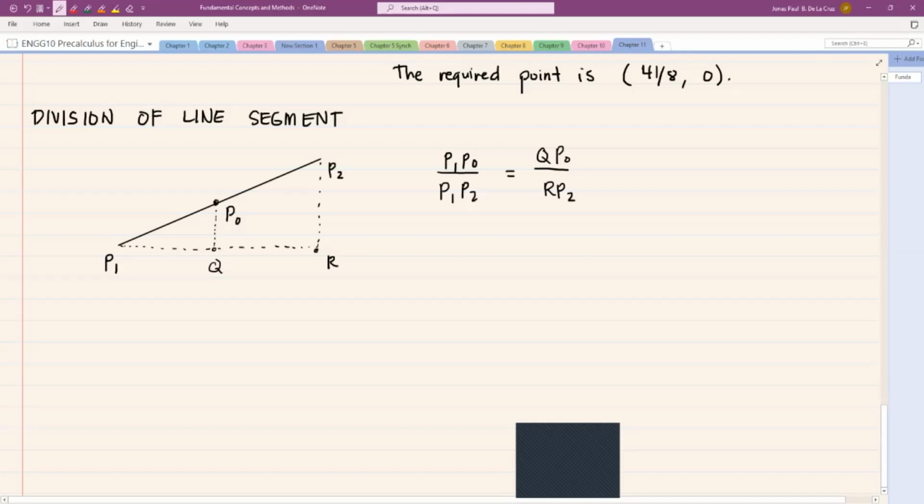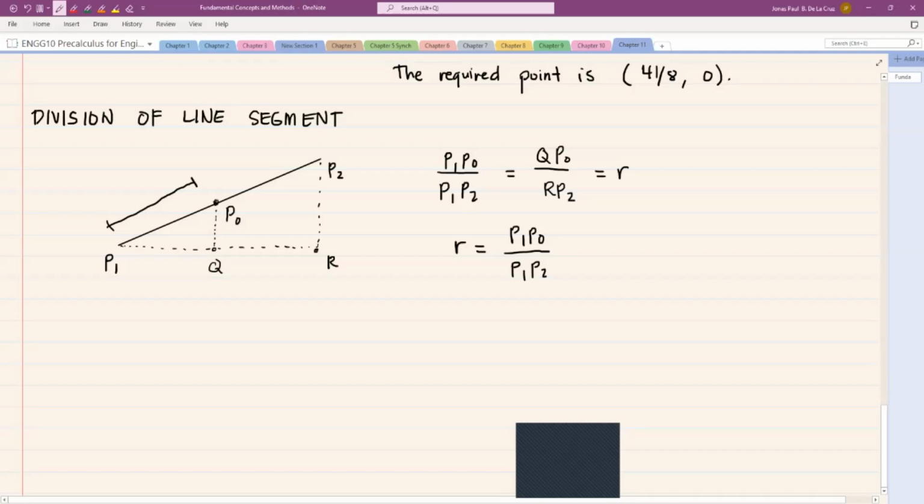The distance between itong distance na to, divided by the total distance P1, P2 is R, okay? We introduce yung ratio. R is equal to P1, PO over P1, P2. So ito is actually equal to R, okay? So itong R, this is, anong pangalan nito?